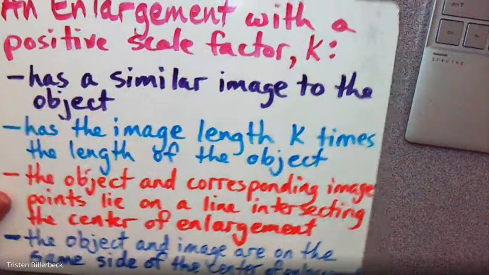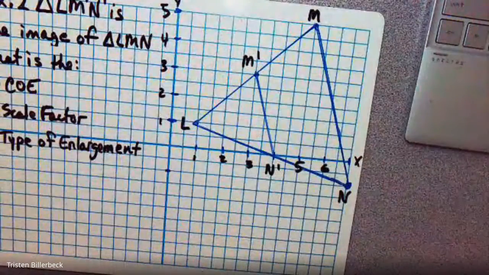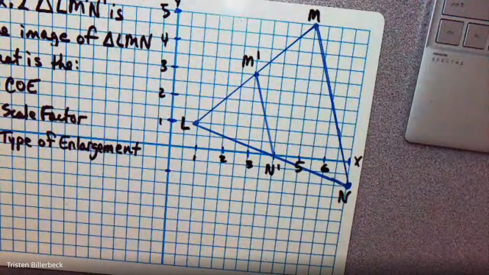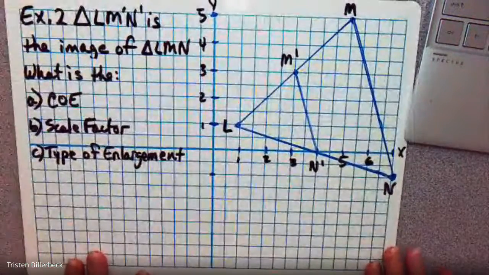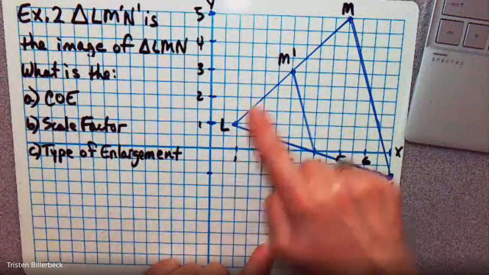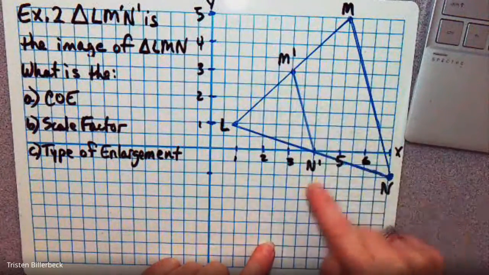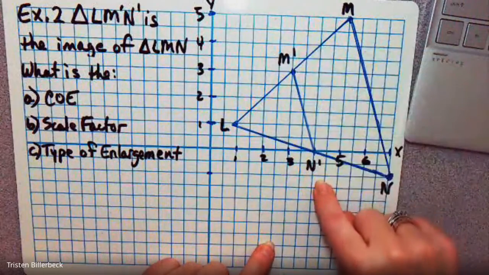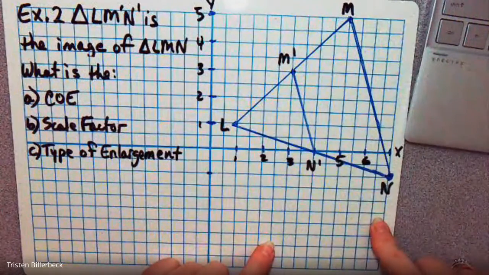Let's do an example. Okay, so we have L, M prime, N prime. So that's obviously our image because we have primes, okay? Is the image of LMN, okay, triangle LMN.